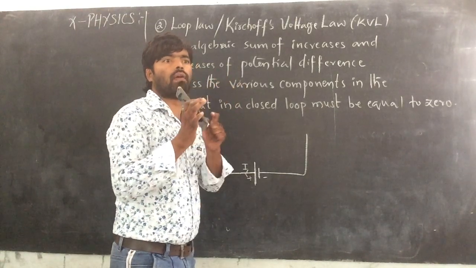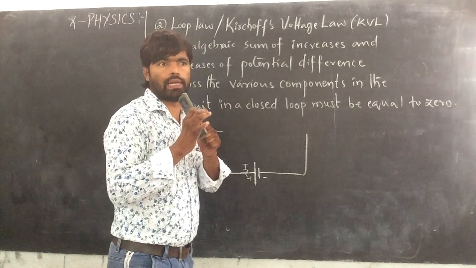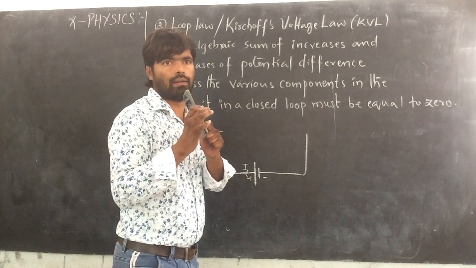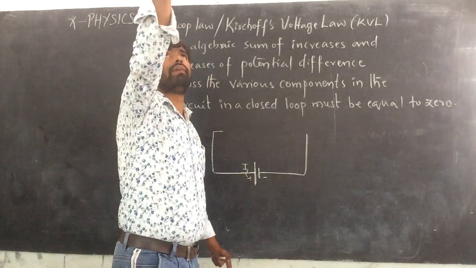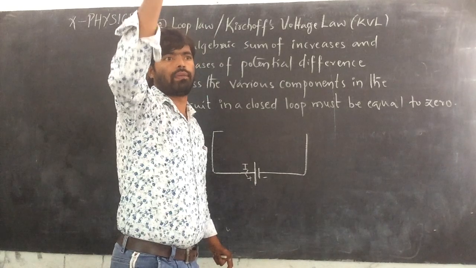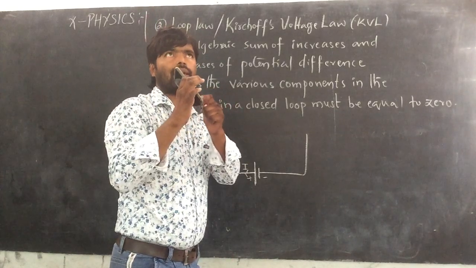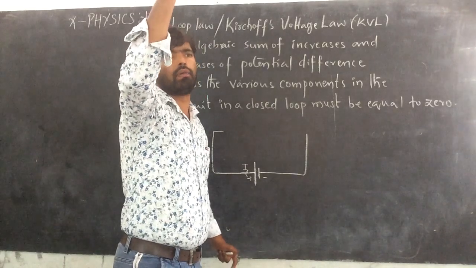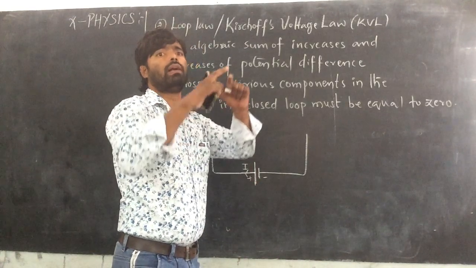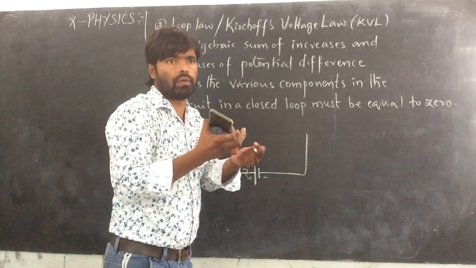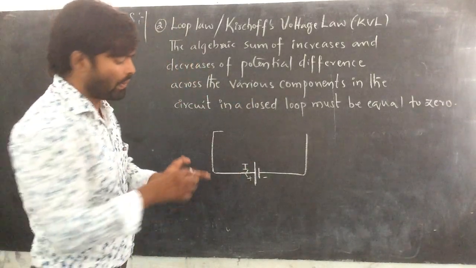This mobile does not take 240 volts. It takes 1.5 volts. If this fan has to work, it takes some voltage, so if you supply 1 volt to that fan, it does not work. So different components work by taking different voltages.